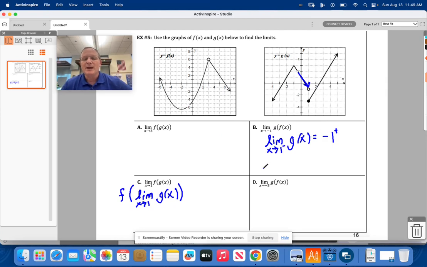All right, so then let's try it from the right hand side. So the limit as x approaches 1 from the right of g of x is going to be -3. Now, again, because I'm coming from above here, these are y values, right? The y value is approaching -3. That's what we're normally answering. That's what you've been answering this whole time.